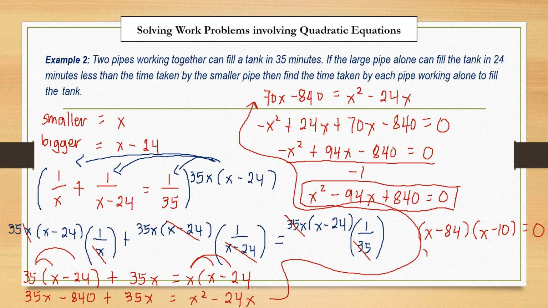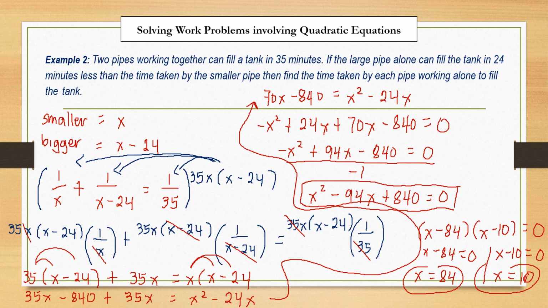By zero product property, we have x minus 84 is equal to 0 and x minus 10 is equal to 0. So x is equal to 84, x is equal to 10.